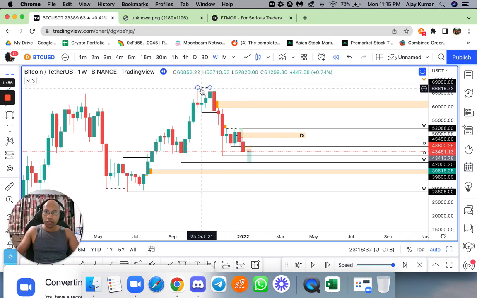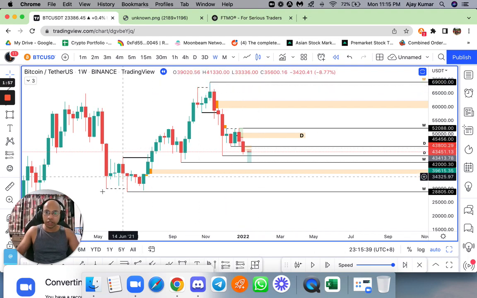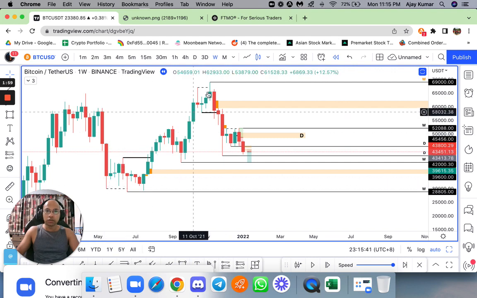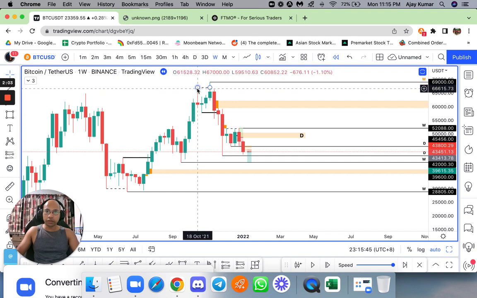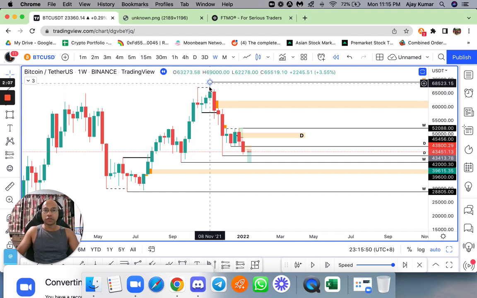Then we also mark out these dotted dashed lines. Basically, this signifies that this was a high here first, and then this wick went above this high. So it is taking out all the sell stops from here, taking out the liquidity. That was the purpose of this wick going above.